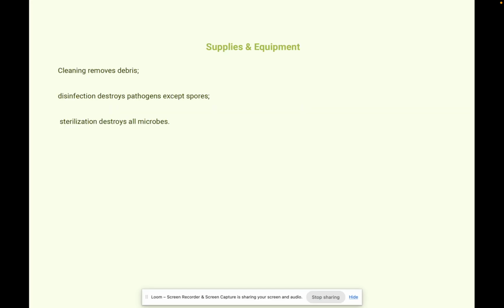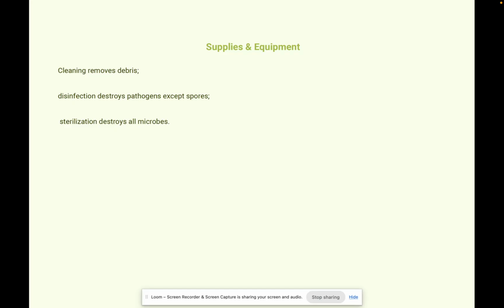So, supplies and equipment. Again, we have cleaning. As we said, cleaning removes debris, dirt, and bacteria that might cause an infection. Disinfection destroys the pathogens except the spores.